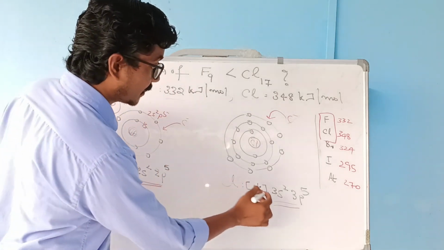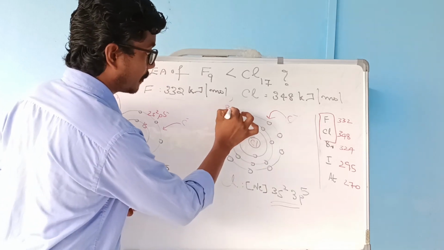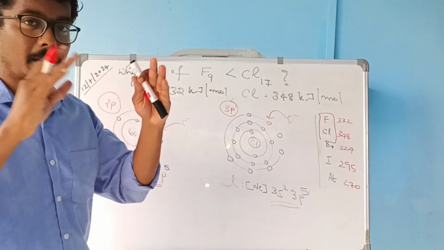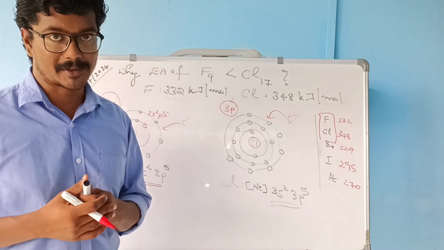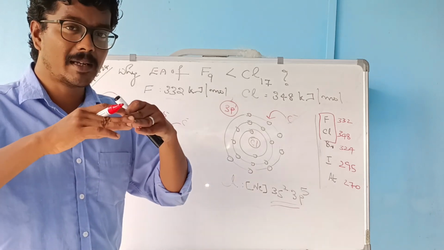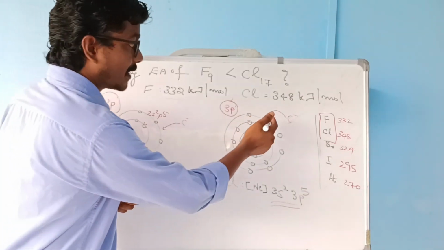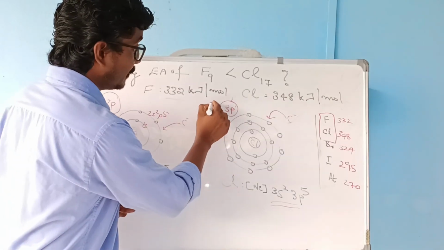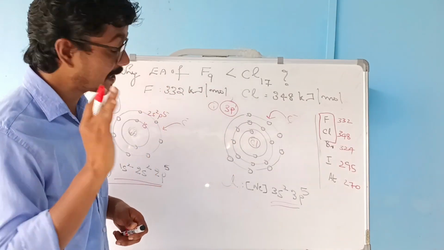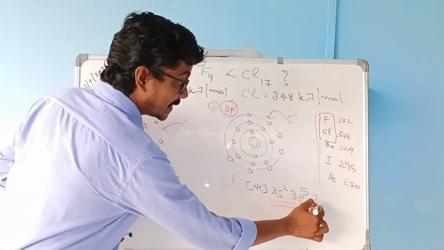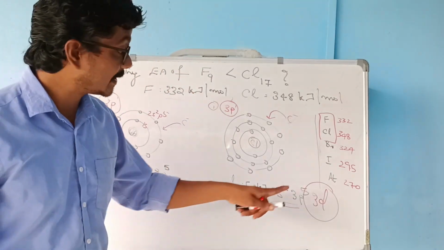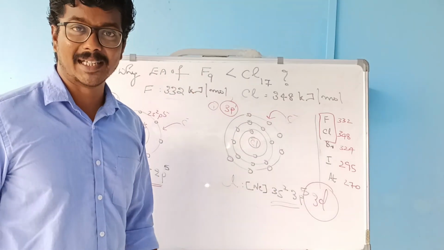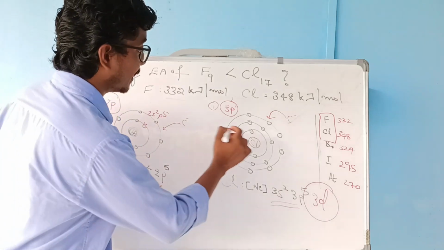But the 3p sublevel is bigger in size. Do you know the reason? Because an additional energy level is also there. So it is due to the bigger size, and the second reason is the speciality of the third period elements. A vacant d sublevel is there.